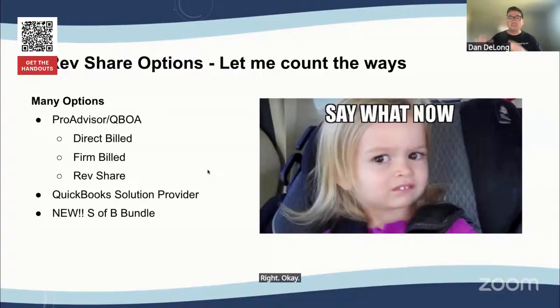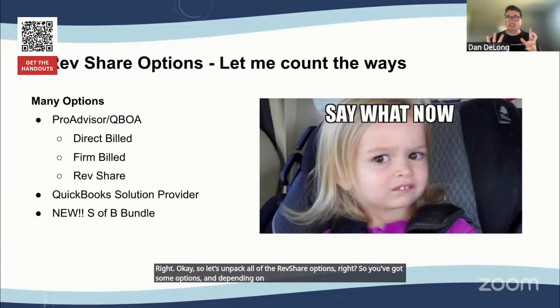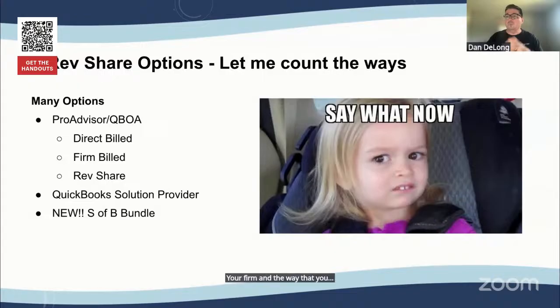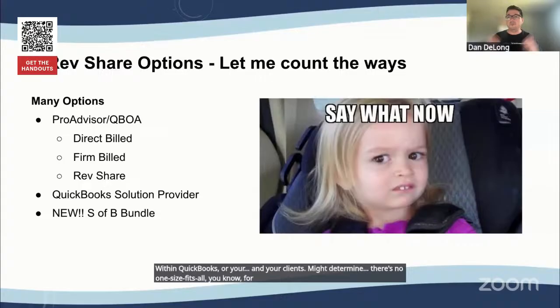Okay, so let's unpack all of the rev share options, right? You've got many options, and depending on your firm and the way that you want to interact within QuickBooks or with your clients, there's no one size fits all for everyone. So you might find a choose your own adventure when it comes to this sort of thing.